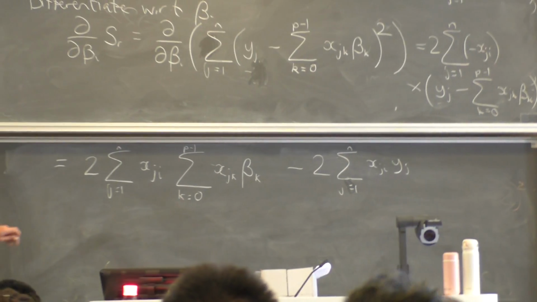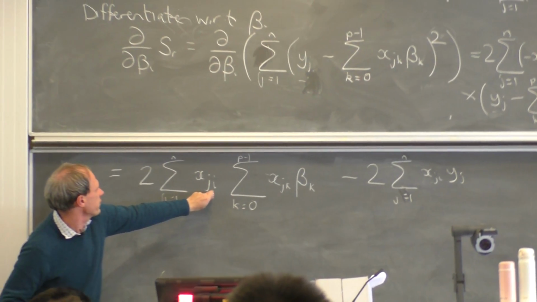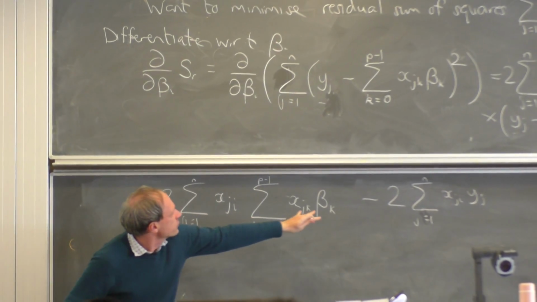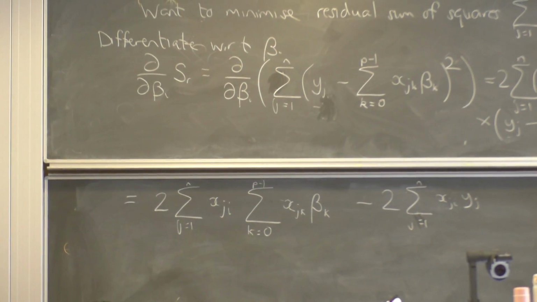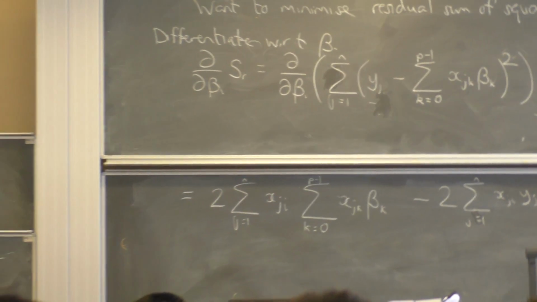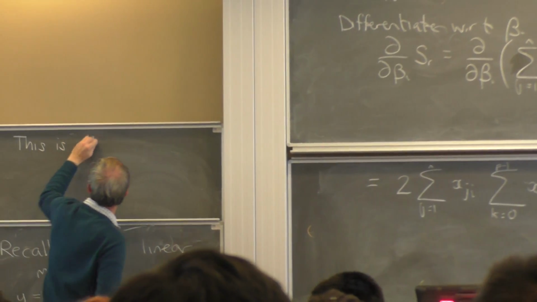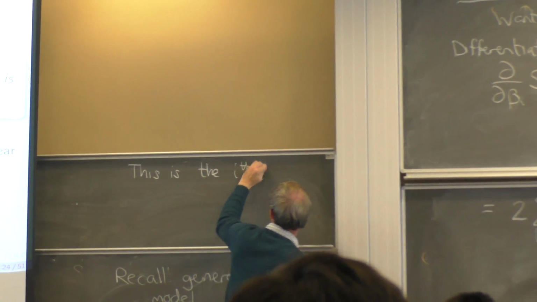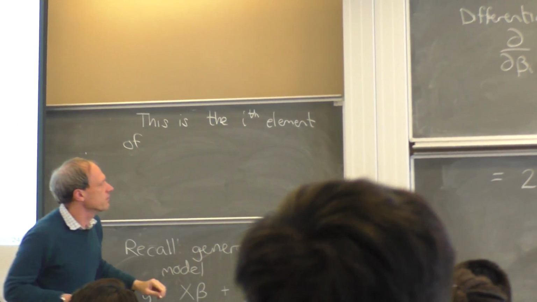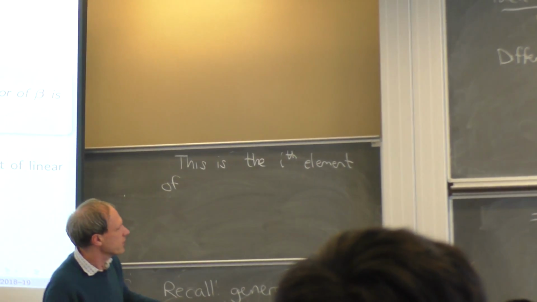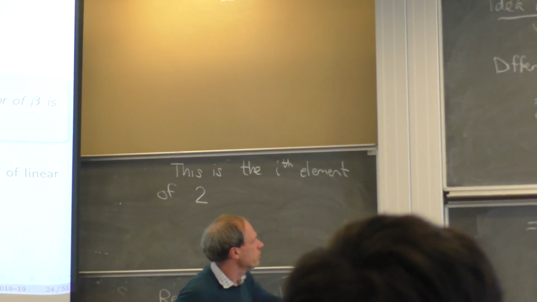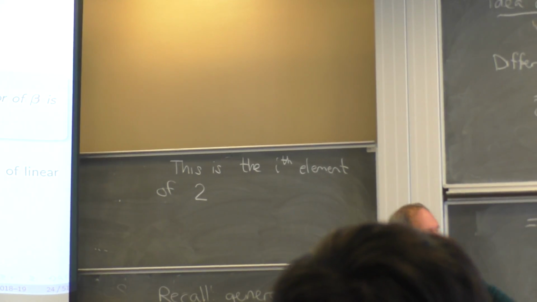In both cases, the suffix that we're seeing on its own is i, so these are actually going to be the ith element of a matrix product. So let's look at the first one. We've got 2 here.